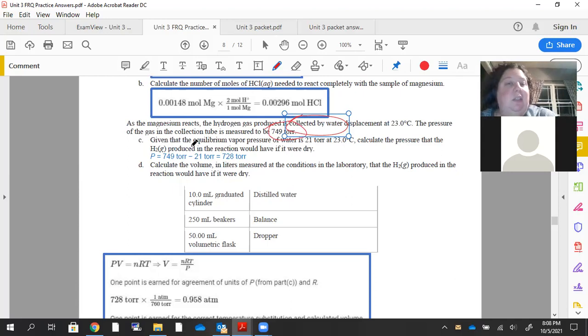And then it says, given that the vapor pressure of water is 21 torr at that temperature, calculate the pressure of the hydrogen gas produced in the reaction if it were dry. So dry means without that water vapor there. We take that pressure that we measured in the container, subtract away the vapor pressure of water, and that leaves us with the pressure of just that hydrogen gas. Because that 749 torr is the pressure of our hydrogen gas plus the vapor pressure of water.